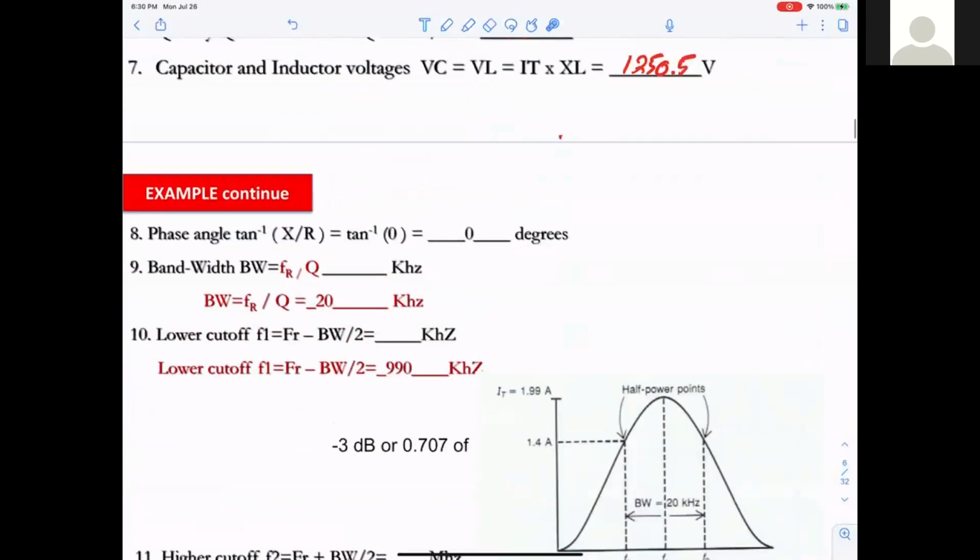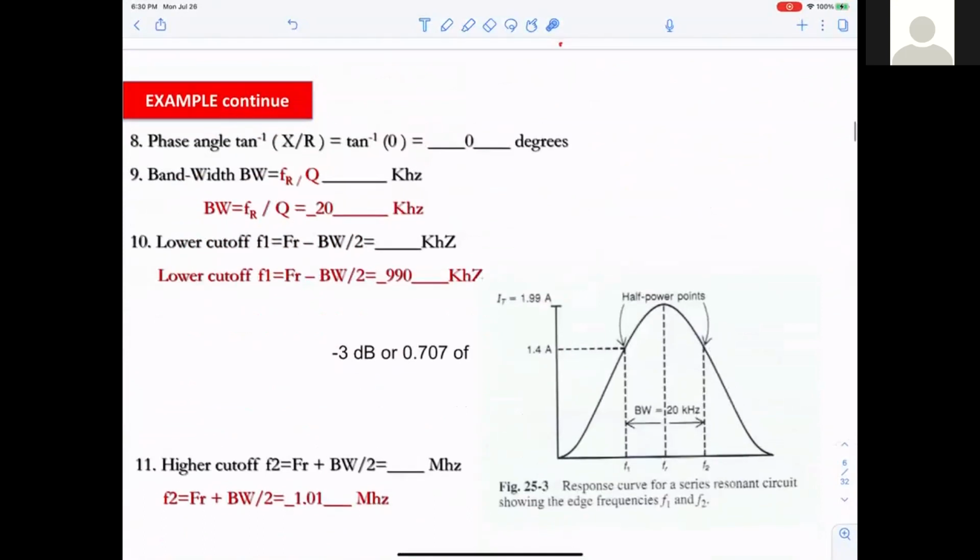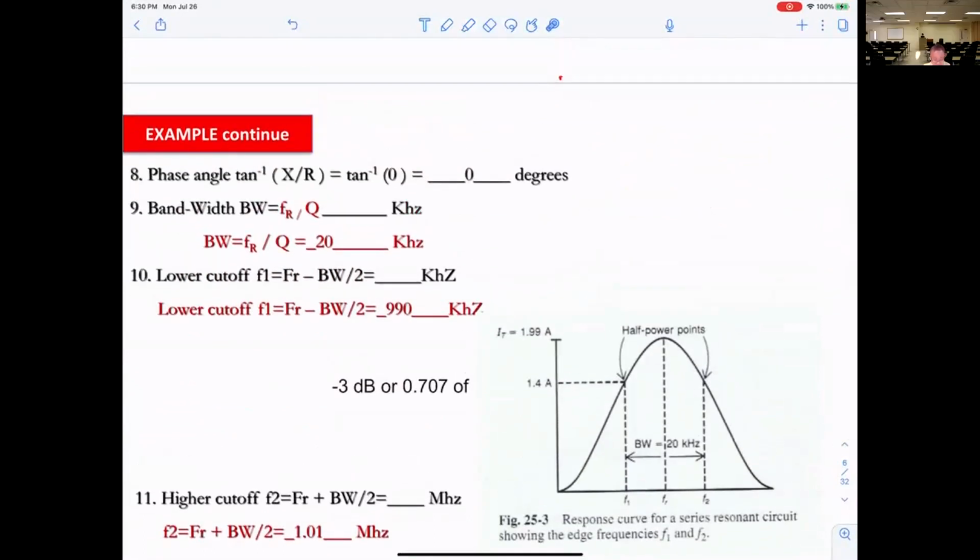What influences the phase angle the most? The resistance. At the resonance, you don't have any inductive or capacitive reactance anymore.